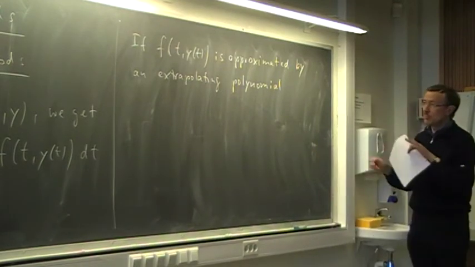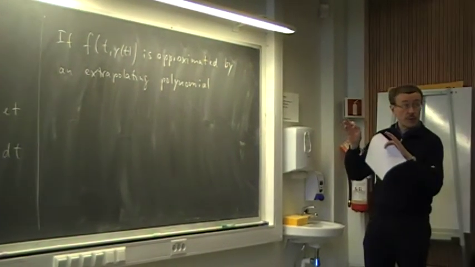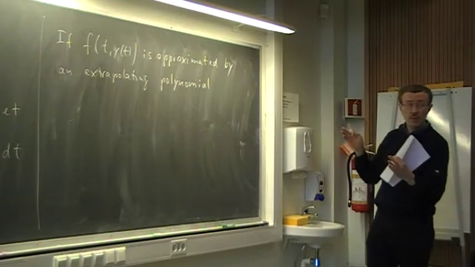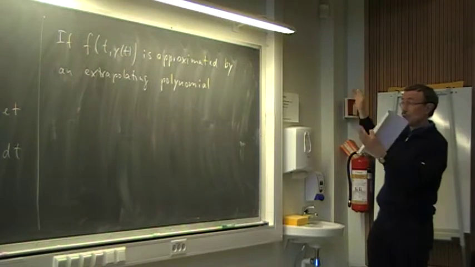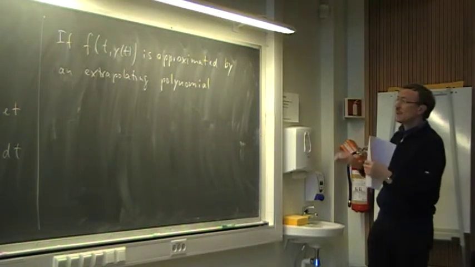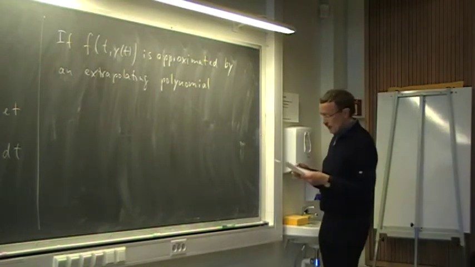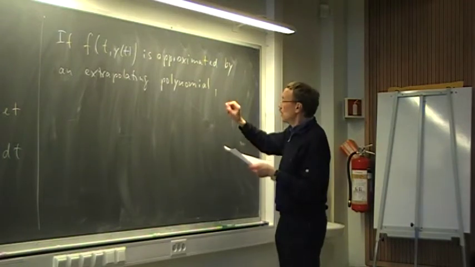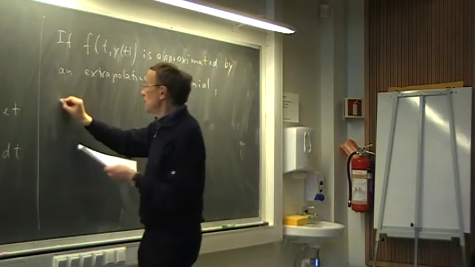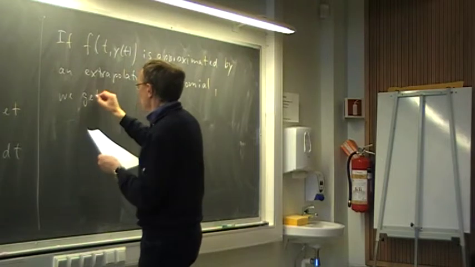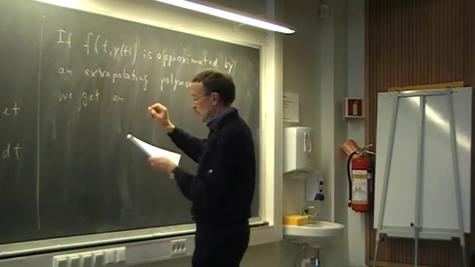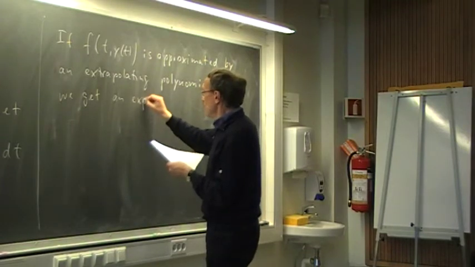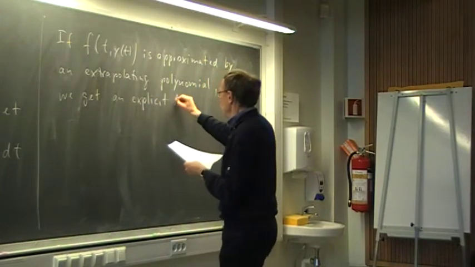Extrapolation means when you try to predict something: you know something in a certain interval, and you want to predict something that is outside. You want to go outside, extra outside. So by a polynomial, if we do it for one, we get an explicit Adams method.